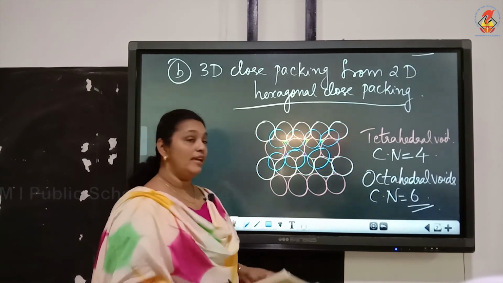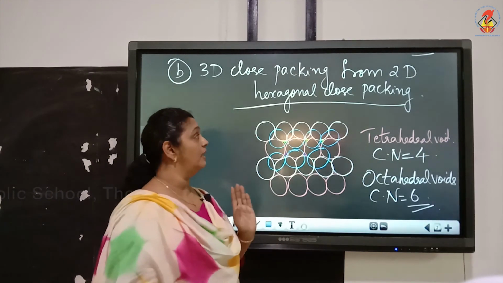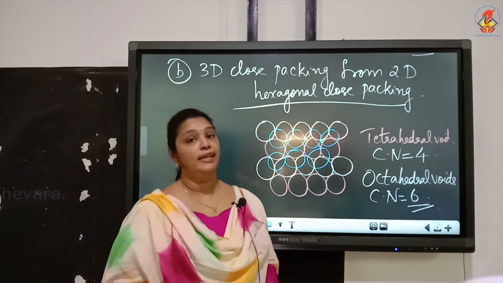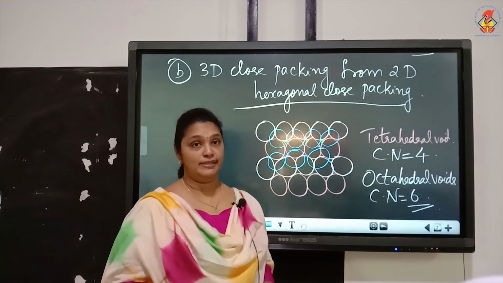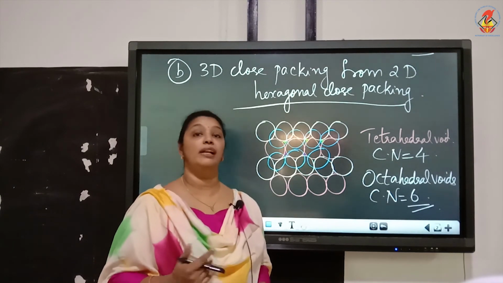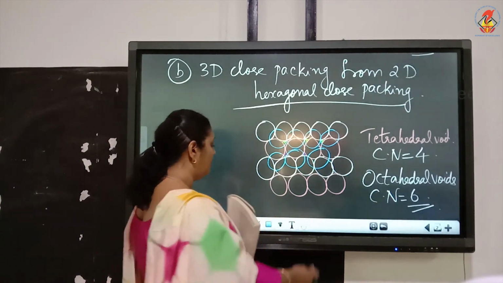Now we can say that in three-dimensional hexagonal close packing we get two types of voids. One is tetrahedral void and the other is octahedral void. Now there is an expression to find out the number of tetrahedral and octahedral voids.